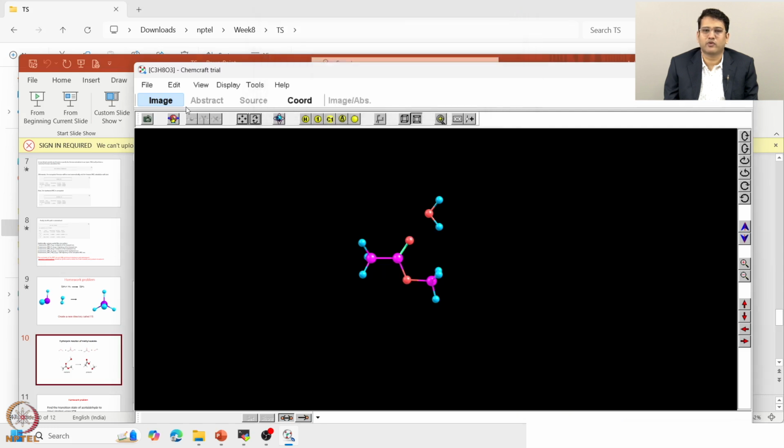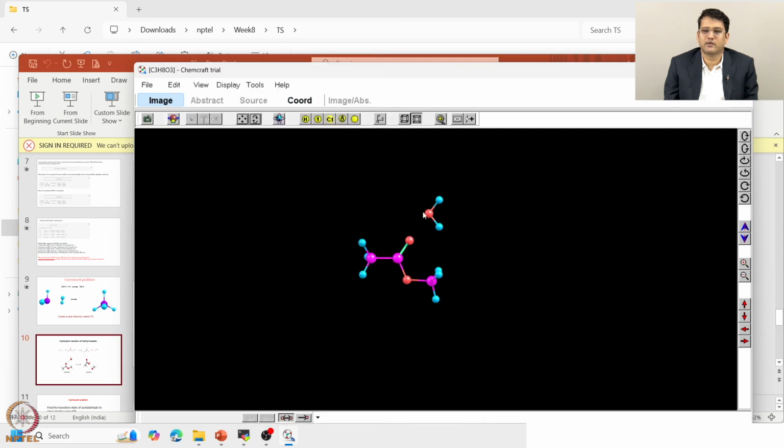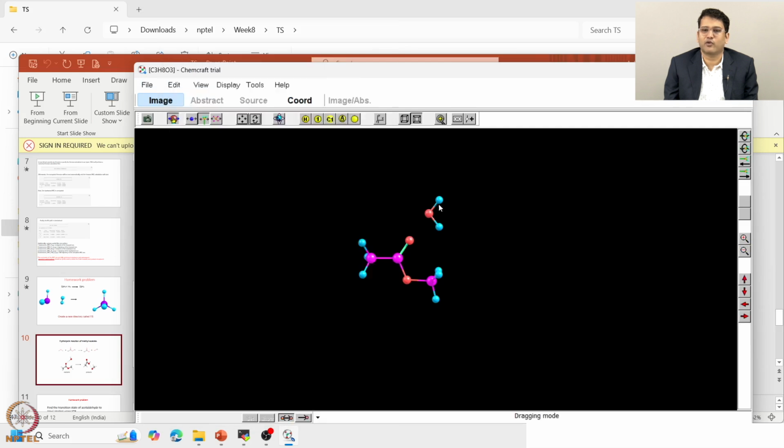I can do the dragging in multiple ways, but I will choose the drag option. For dragging, I will drag fragments. So I went to drag atom and drag fragments, and then I will go to drag atoms again.